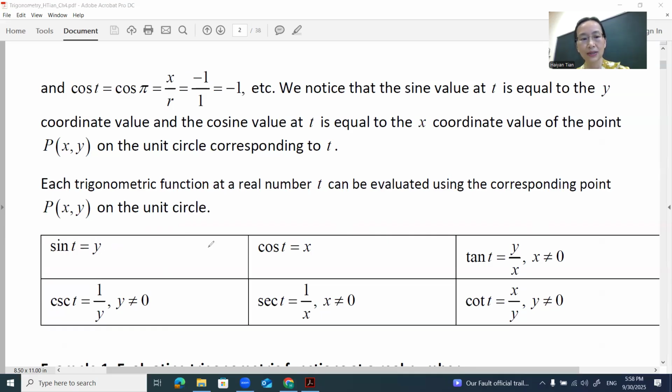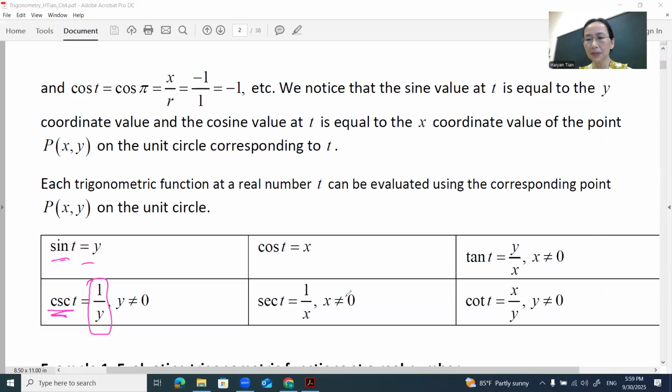also calculate the tangent, right? So y over x will be the tangent. And we also know this reciprocal property. If sine is y, then the reciprocal of sine will be cosecant, which is 1 over y.